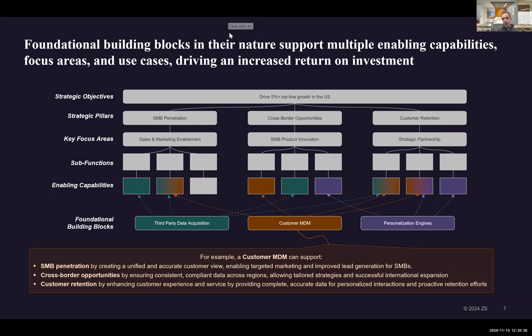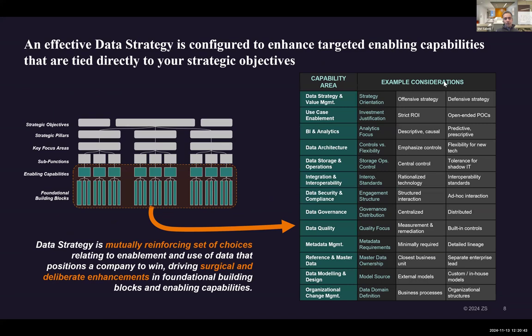We'll get to the questions in a few minutes, but just wanted to finish this section and also give you one or two more practical examples of this so we can have a fairly rich conversation around this. Willem, if you go to the next one. So now here, the bottom layer that you see here is the enabling capabilities and the foundational building blocks.